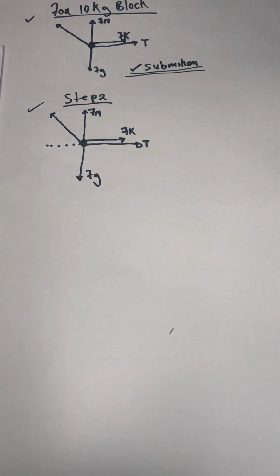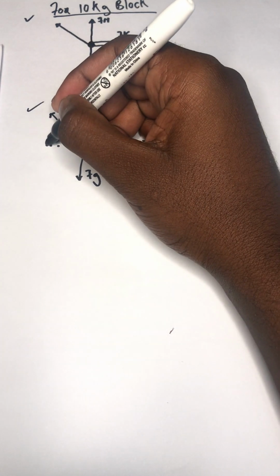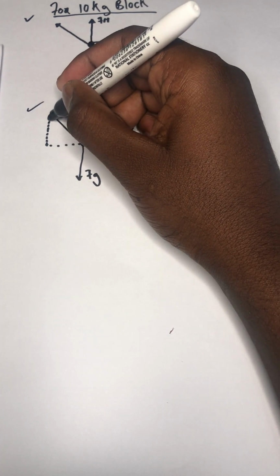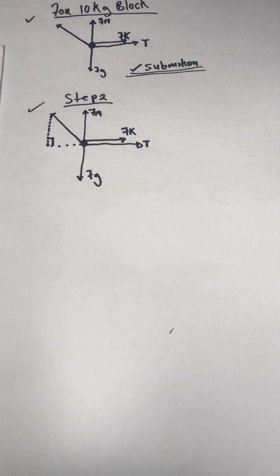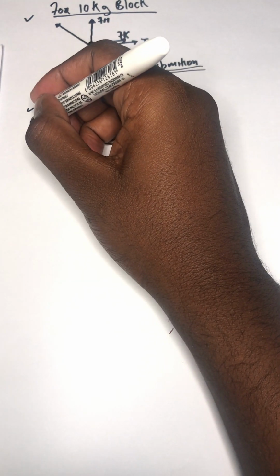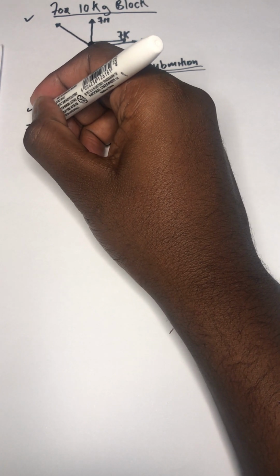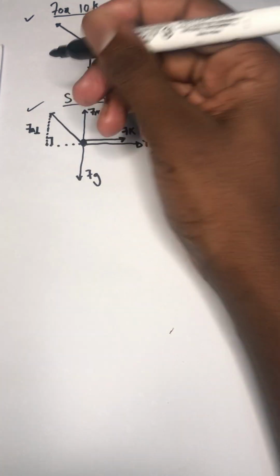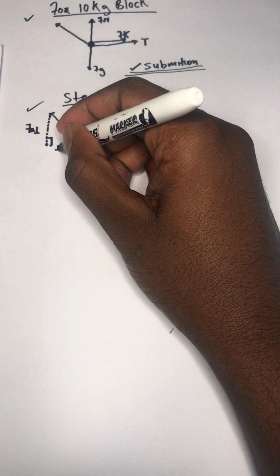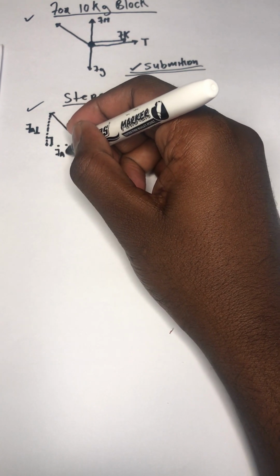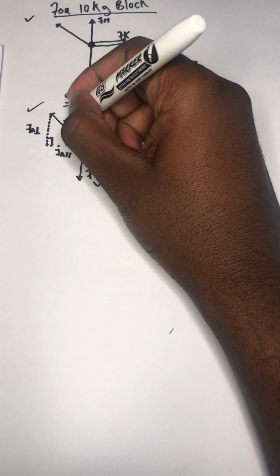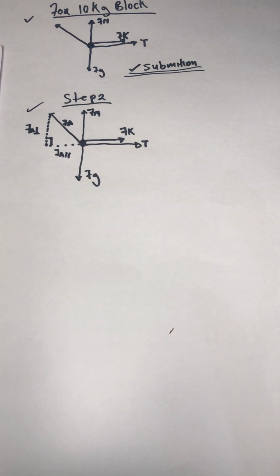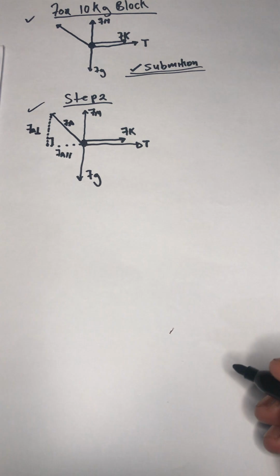Draw a line that is parallel to the surface, siwujone noline perpendicular to the surface, sakhe a 90-degree angle laphaya. So this is FA perpendicular and this is FA parallel and this is FA. Okay, so sesi-resolve ke into components.